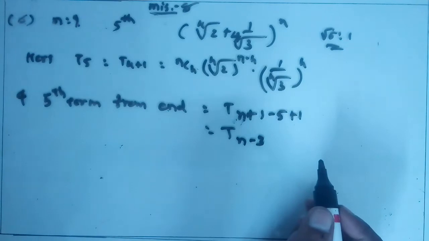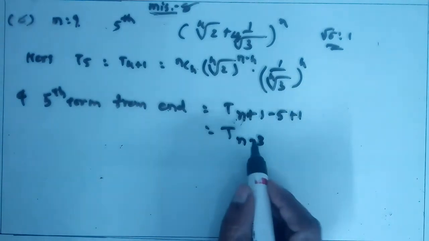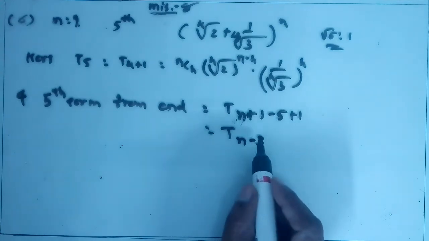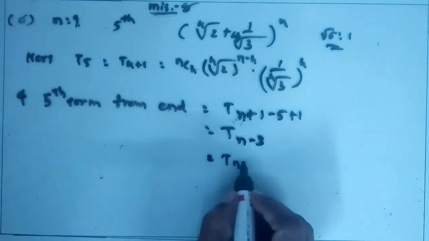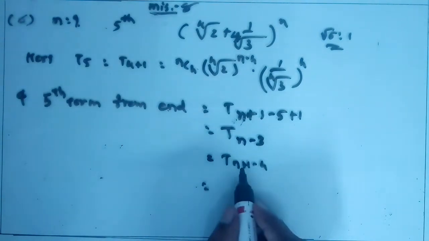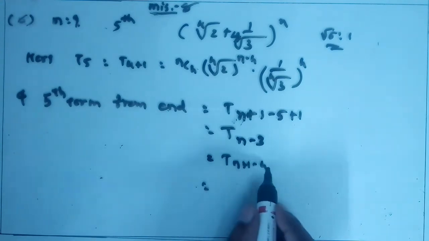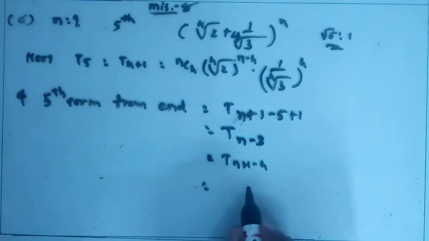So n minus 3 becomes the fifth term from the end. So is equal to T n plus 1 minus 4. Okay. Now find this n plus 1 minus 4 term in this expansion.